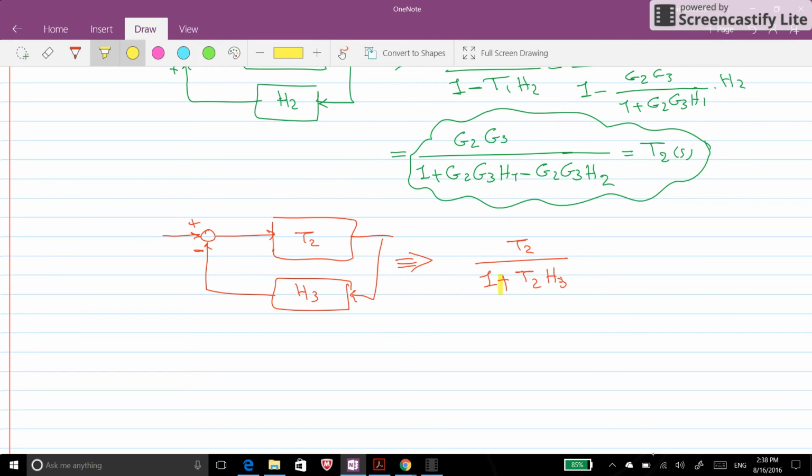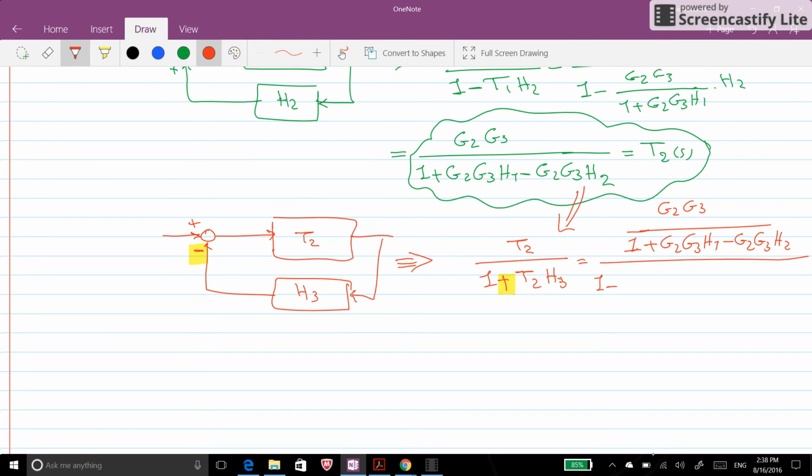So again, pay attention to the sign of the feedback. If we replace T2 with the expression from here, what we get is like this. We have G2 G3 over 1 plus G2 G3 H1 minus G2 G3 H2, divided by 1 plus the same expression, G2 G3 over 1 plus G2 G3 H1 minus G2 G3 H2, times H3.